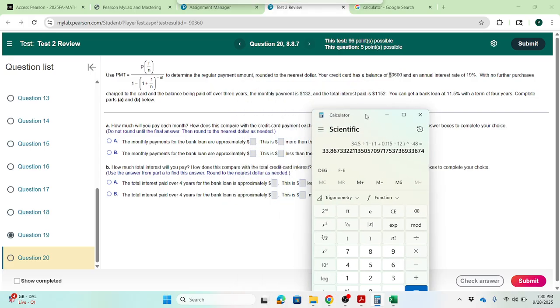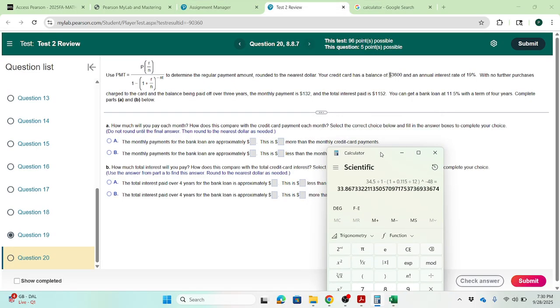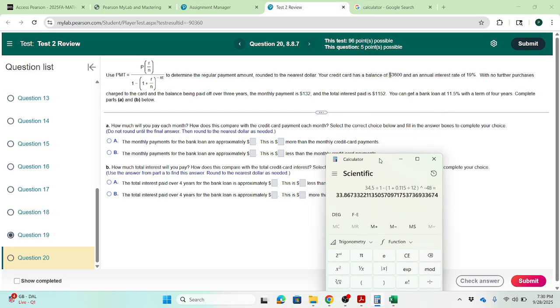The monthly payment is $33.86. The monthly payment for the bank loan is approximately, if you round it to the nearest dollar, $34, which is less than the monthly payment of $132 for the 3 years.